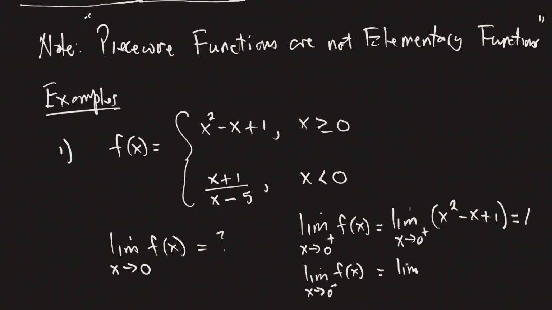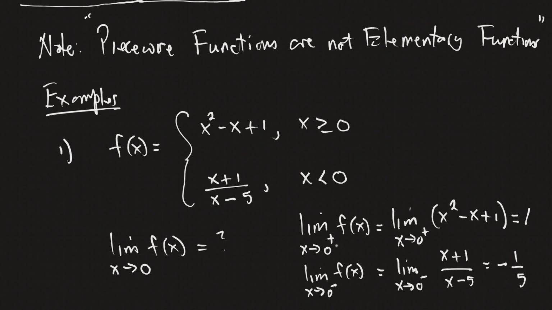So the limit as x approaches 0 minus of the rational function, x plus 1 over x minus 5: plug 0 in, the numerator gives me a positive 1, the denominator gives me a negative 5, so that's negative 1/5.